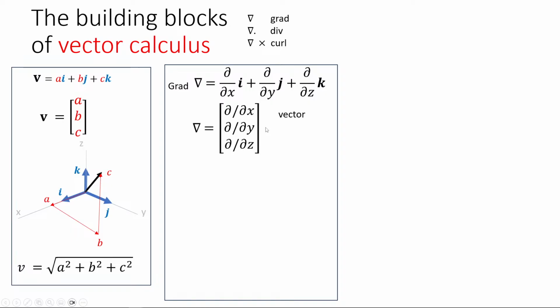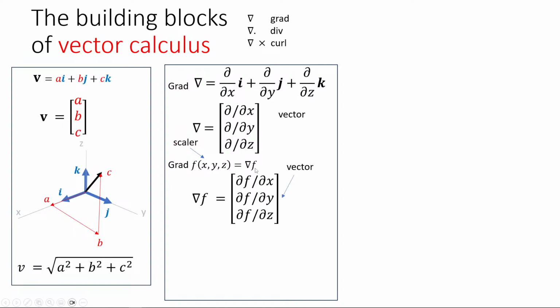I could also write it in this way. So these two are equivalent. Yeah, you see this gradient, it's a vector. You can write it this way, or I can write it in this way. So that's the gradient.